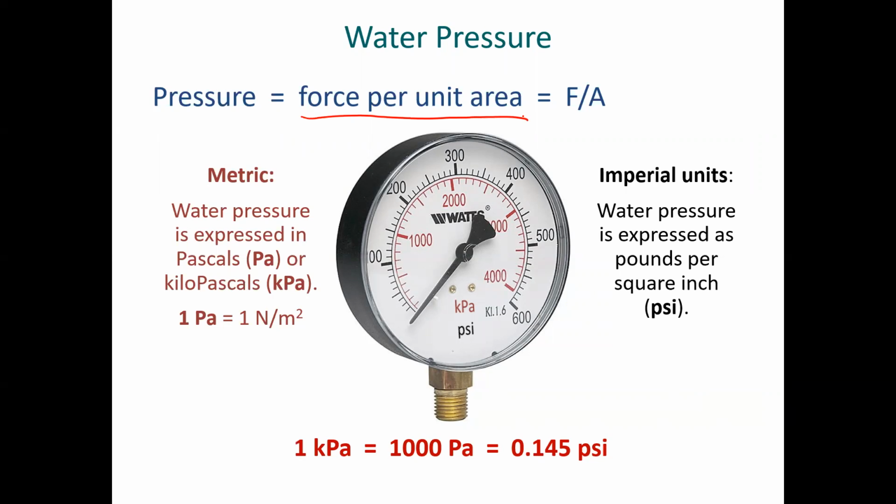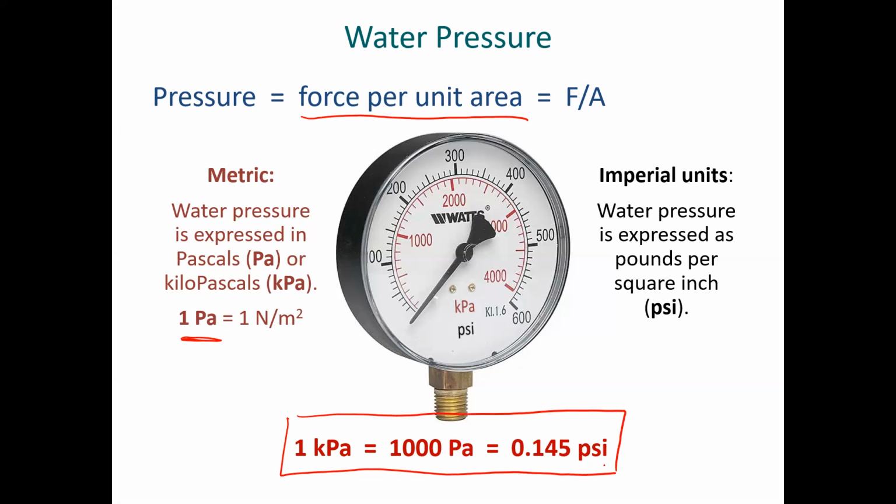So in the metric system, force is in newtons and area is in meters squared. So 1 Newton per meter squared is something called a Pascal. Now, a Pascal is actually a relatively small unit. So usually in the metric system, we're using kilopascals, which is of course 1,000 pascals.